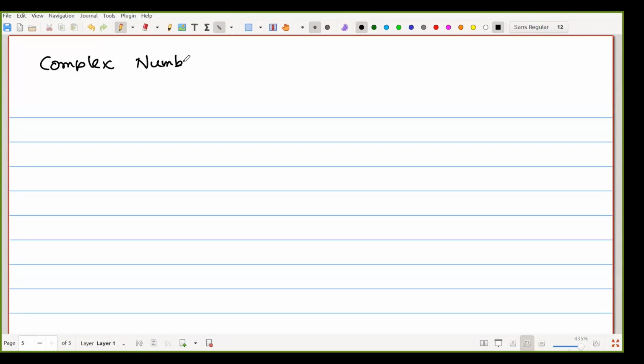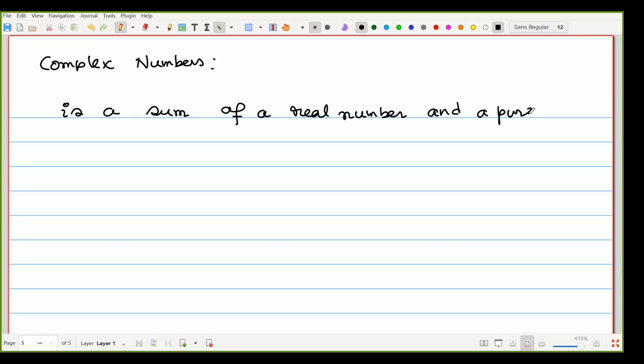Complex numbers. Practically, a complex number is a sum or addition of a real number and a pure imaginary number.